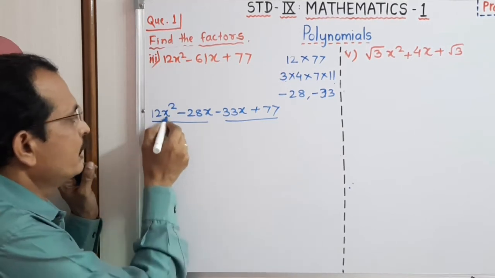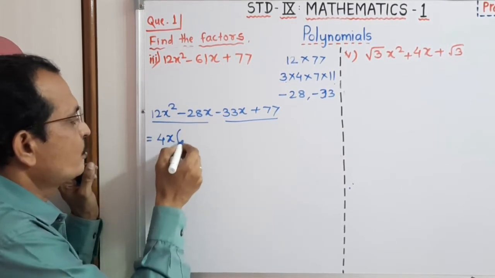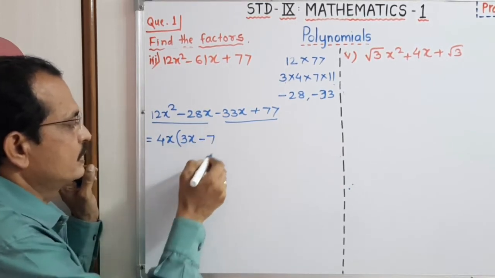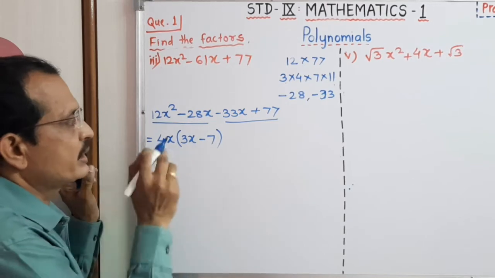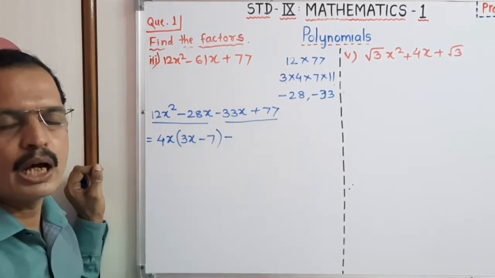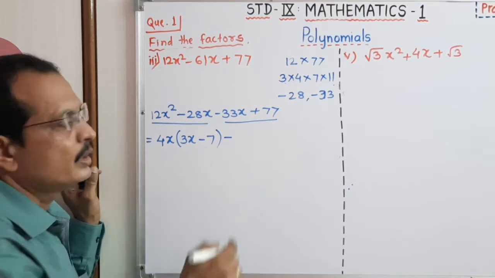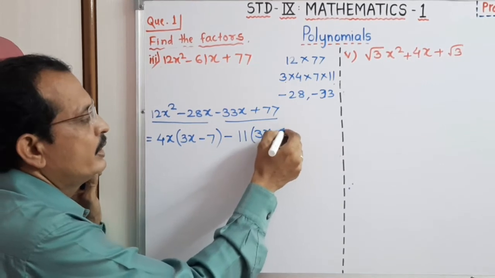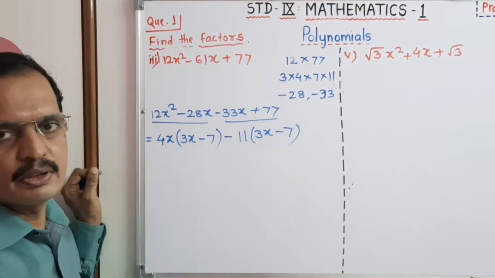Therefore 4 and here it is x. 4 3s are 12 and 4 7s are 28. Therefore 3x minus 7. Here 33 and 77, these both are in the table of 11. Therefore 11 3s are 33 and 11 7s are 77.